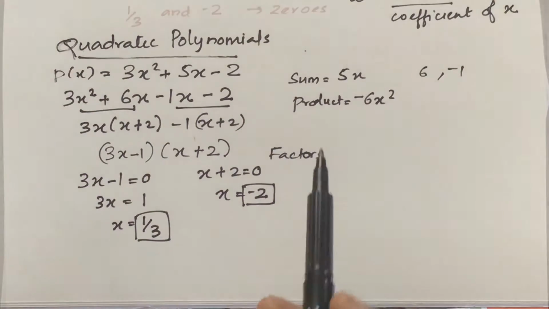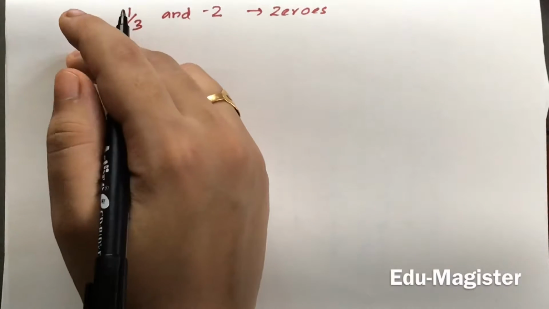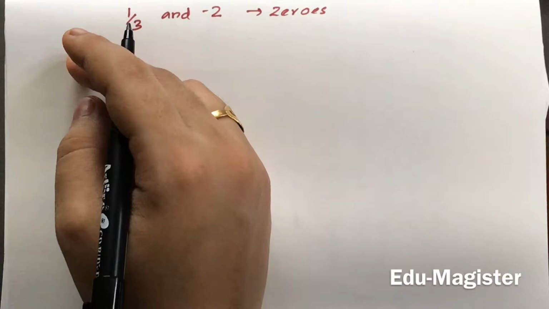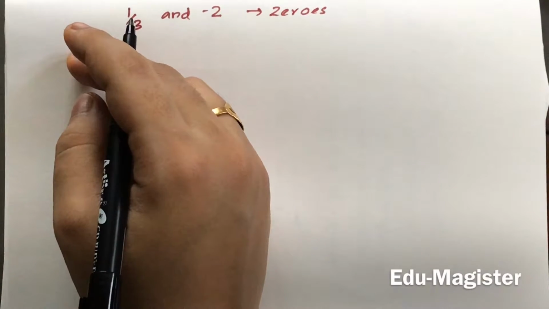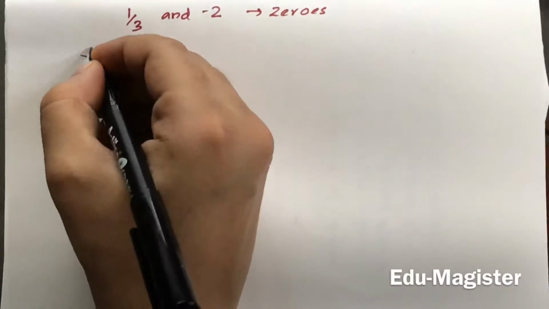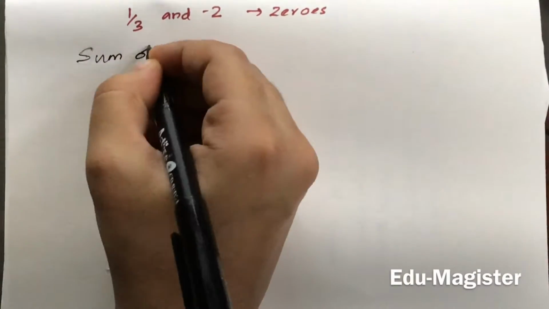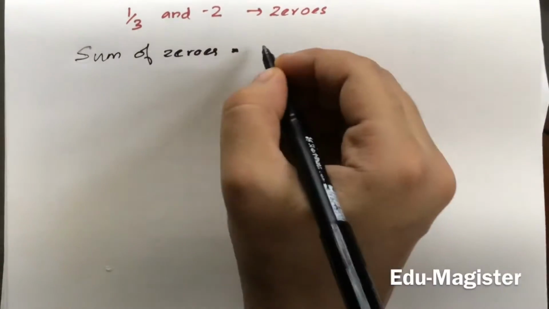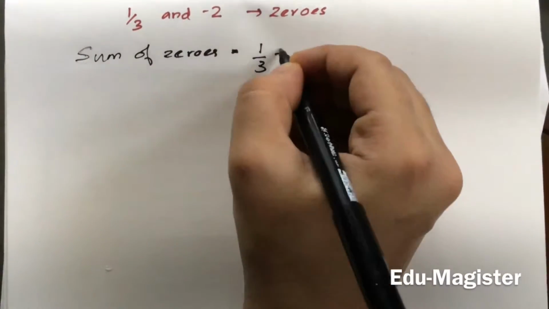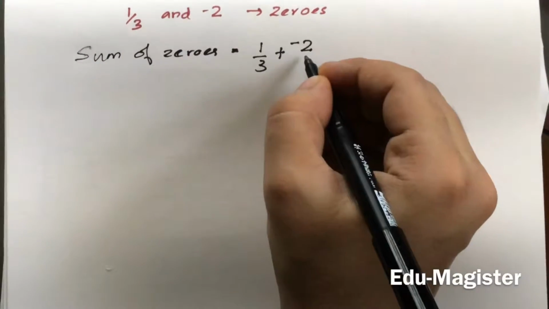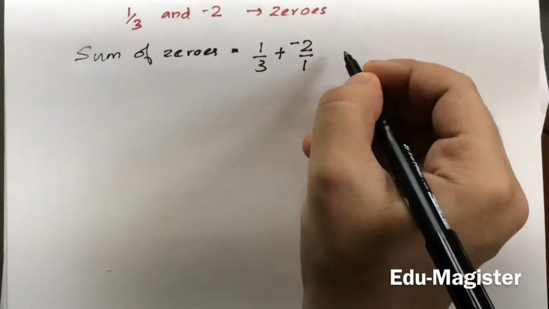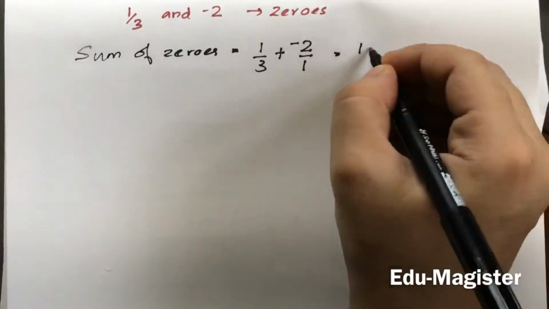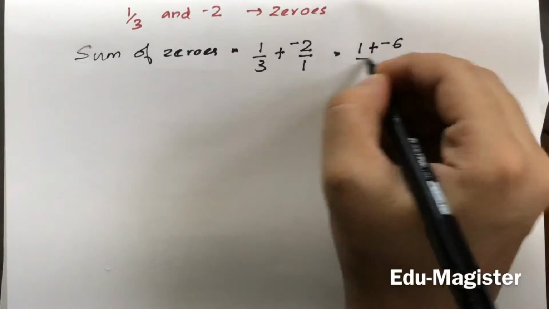So we have found that 1 by 3 and minus 2 are the zeros of the given quadratic polynomial. Now let's find the sum of these zeros. That is 1 by 3 plus minus 2. So minus 2 means minus 2 by 1. So you can write it as 1 plus minus 6 by 3.